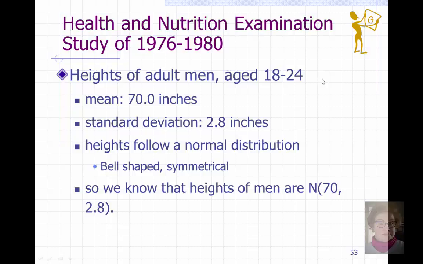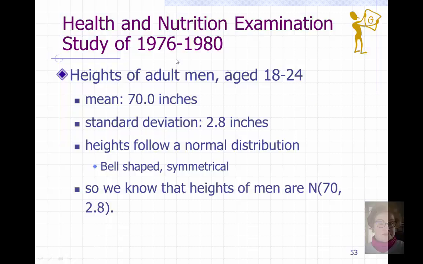If we look at heights of adult men from ages 18 to 24, I'm going to tell you that we use these ages because this is college age. And many studies are done on college age people, mainly because they're at the university, they're taking some kind of class, and it's easy to require them to be a subject in an experiment. So that's how we do get an awful lot of data.